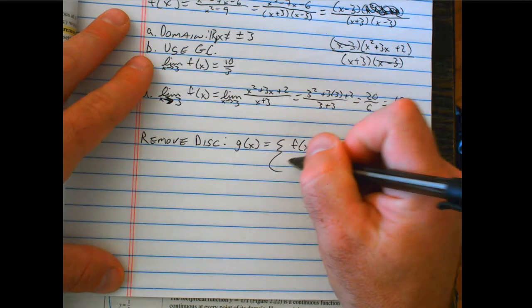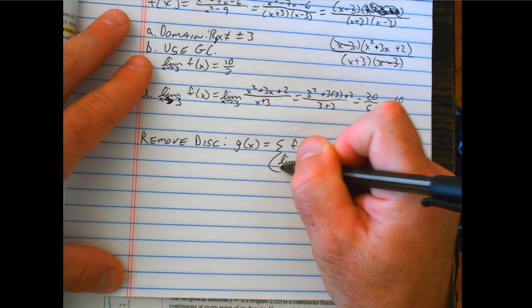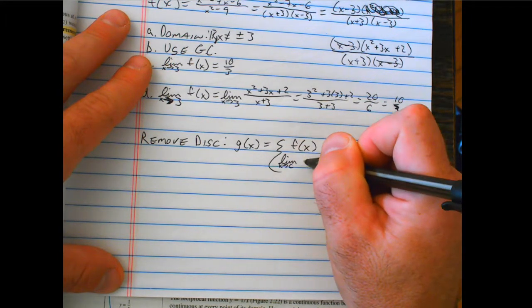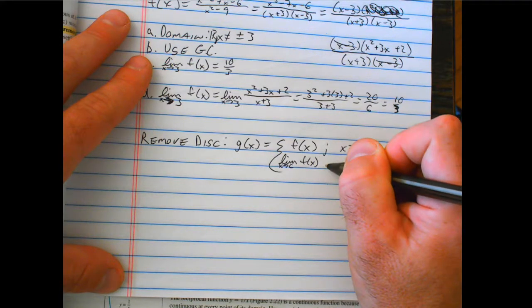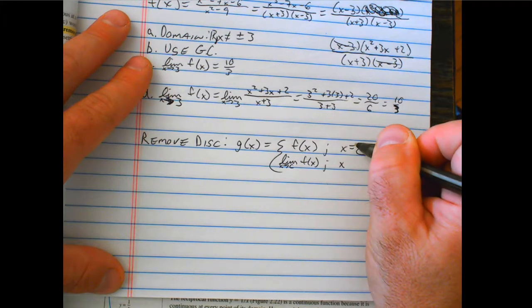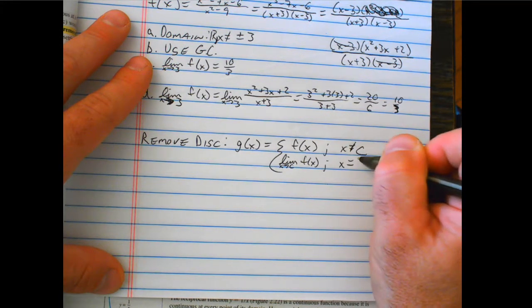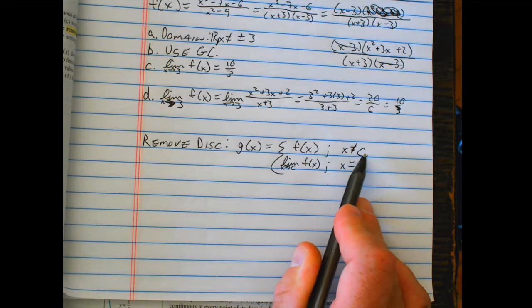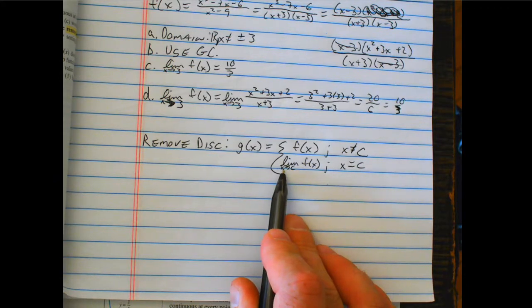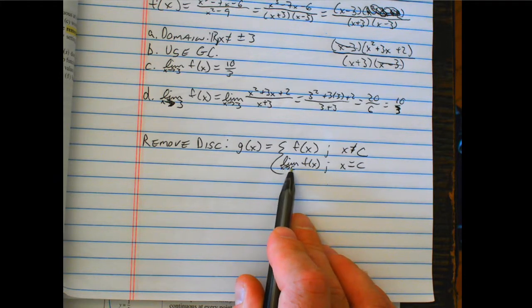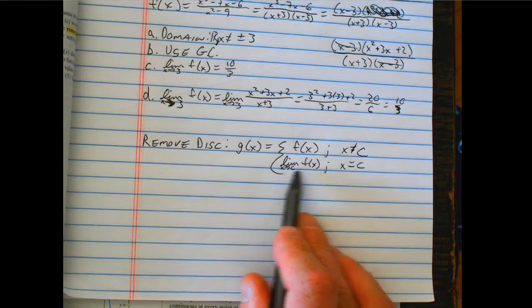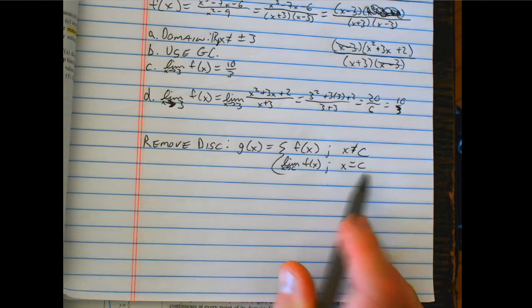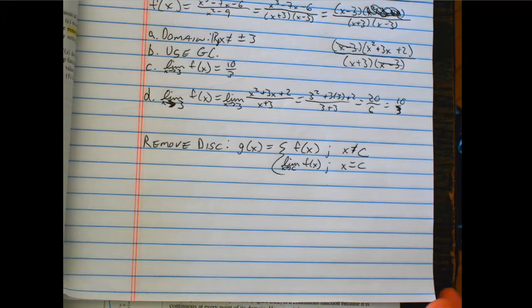And then the function is equal to the limit as x approaches c of f of x, where x equals c. So it's equal to the original function where x is not equal to c, and then is equal to the limit as x approaches that removable discontinuity of f of x, where x equals c. That's basically just colors in the dot right there.